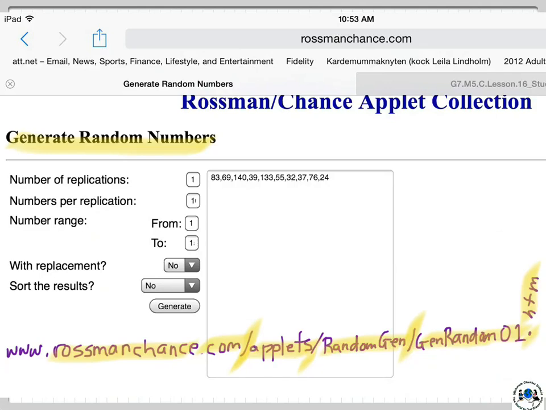I'm going to tell you about how to do that. So go ahead and find that and work until you are able to actually get to this page.